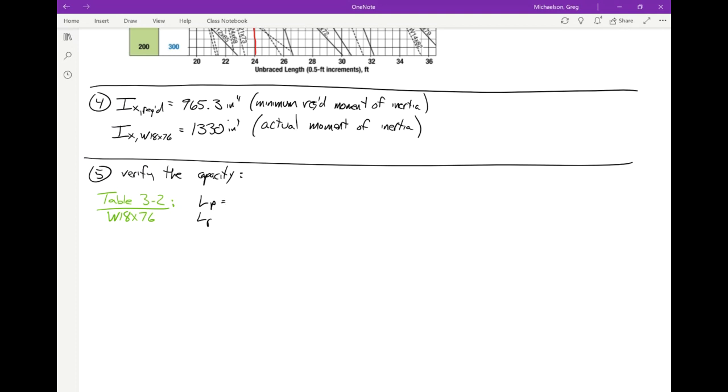So LP for a W18 by 76 is 9.22 feet, and LR is 27.1 feet. Now LB for this problem, if you remember, was 24 feet. So which zone are we in? Are we in zone 1, zone 2, or zone 3? Zone 2.